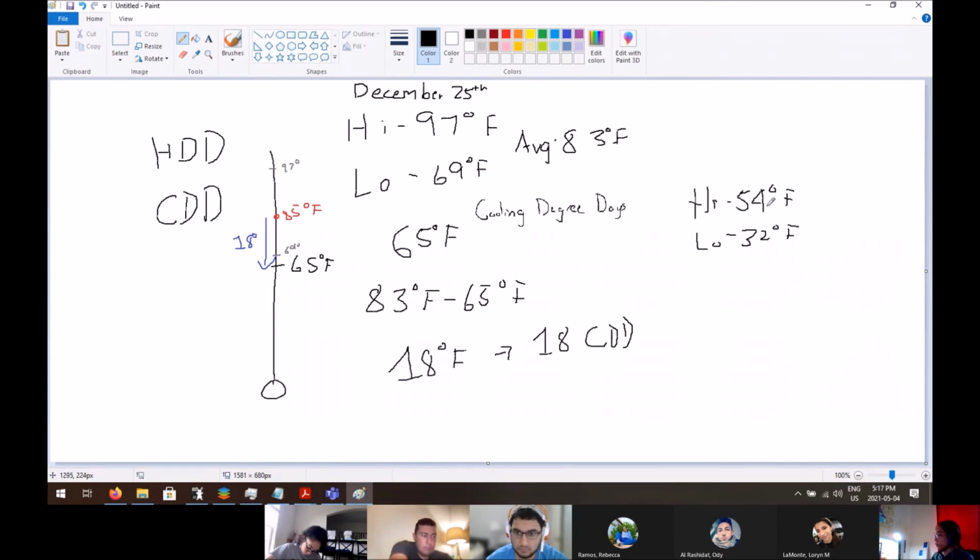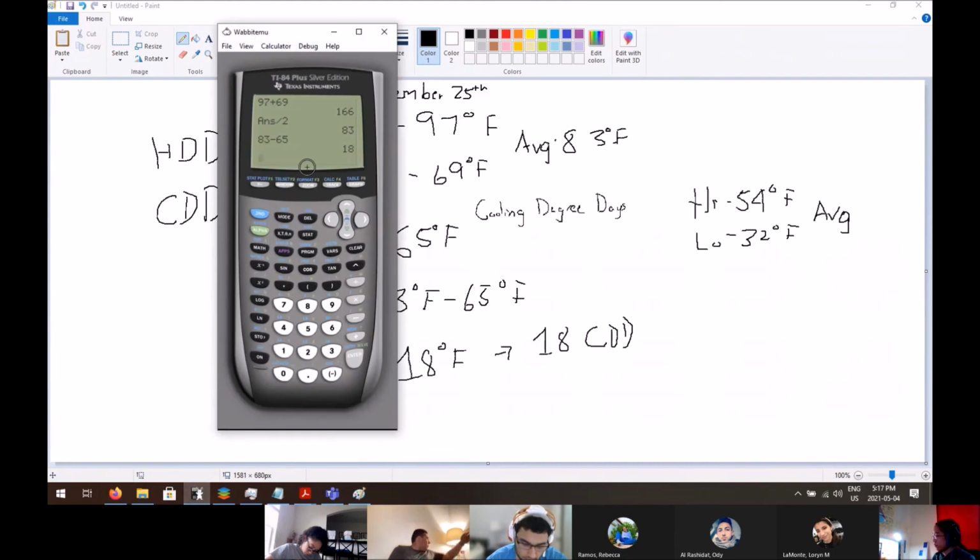So this is very low. And calculate the average. So 54 plus 32, your average would turn out to 43 degrees Fahrenheit, correct?